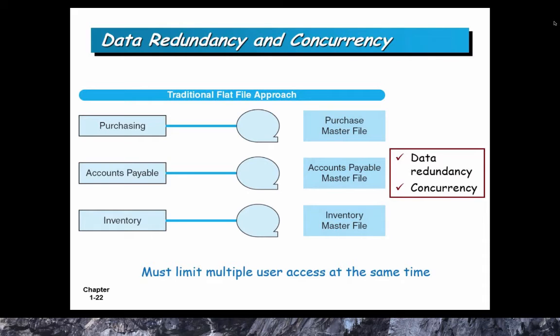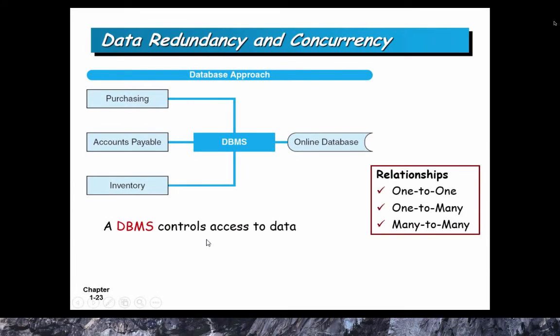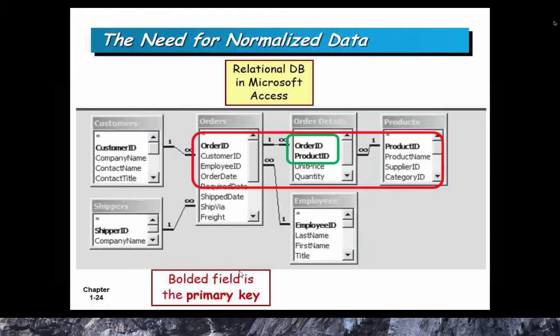Otherwise, you run the risk of two people going for the same seat, the computer gets all messed up, and then you don't know what to do. The database management system does it for you, and does not allow multiple users to access the same data record, at least for writing purposes. You might be able to read it multiple times, but for writing, you want to limit it. That's all it says here. The database management system does that for you.